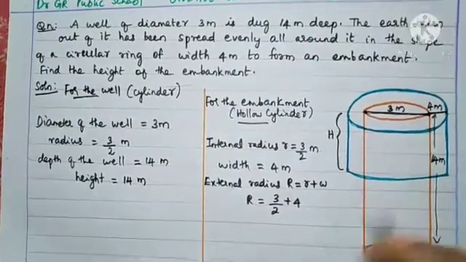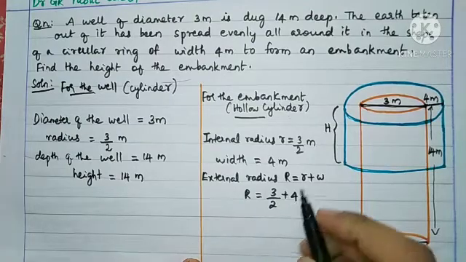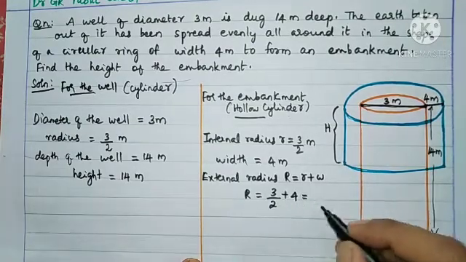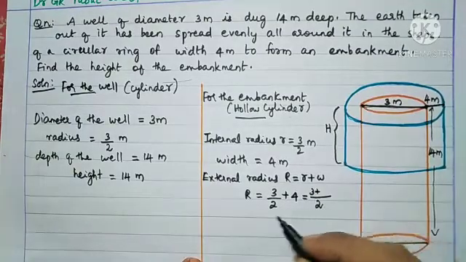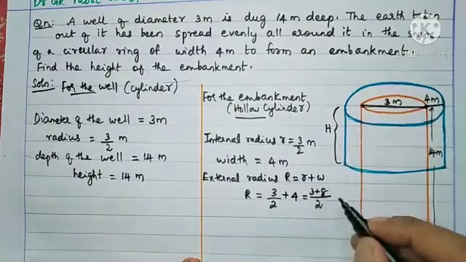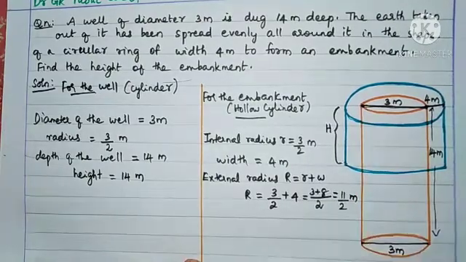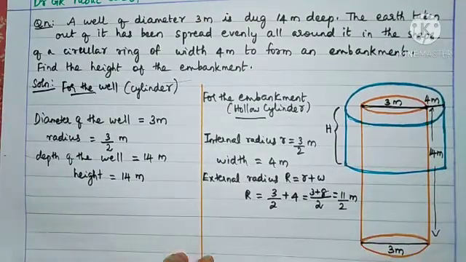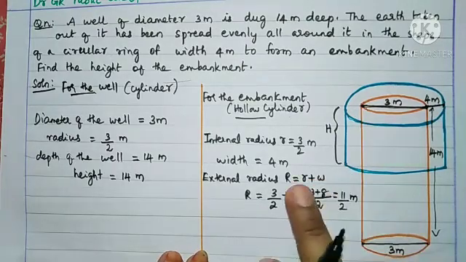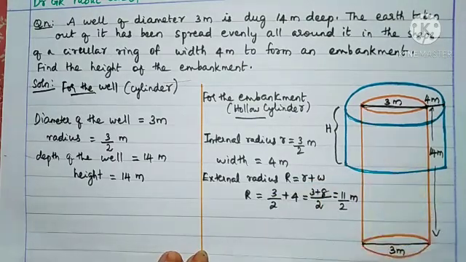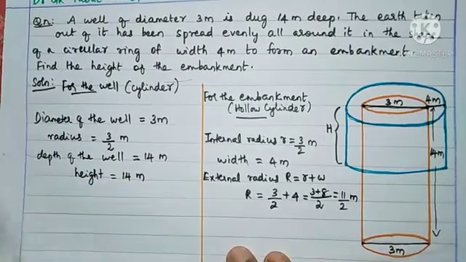Okay, how will you calculate this? This is a fraction and a number, so you want to use the LCM. LCM is 2, here 3 plus 2 into 4, which is 8, so you get 11/2 meters. Understood? So we got the external radius of the hollow cylinder.